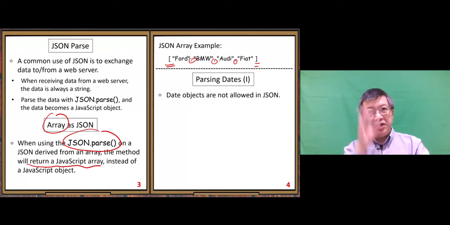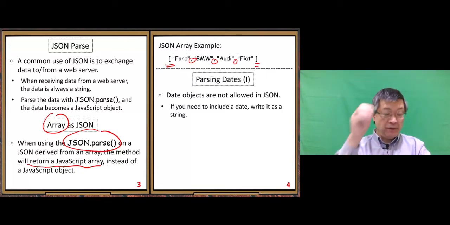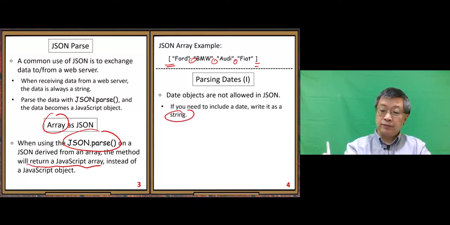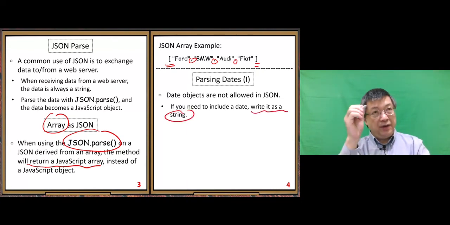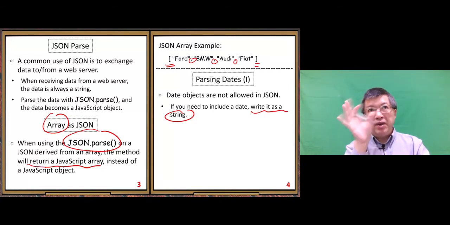So you need to do a conversion. Because sometimes we need to include date information as a property value, you can do it, but you need to convert it to a string value. Your string value can be converted to a date object, back and forth, two ways.